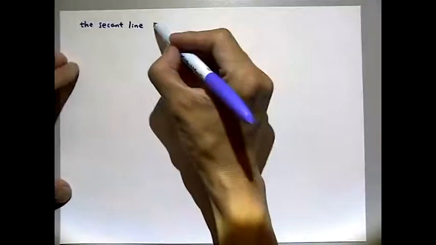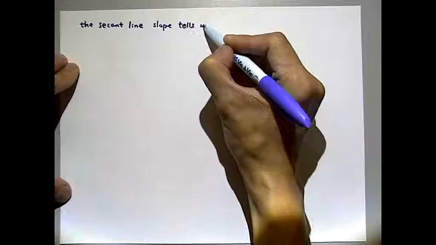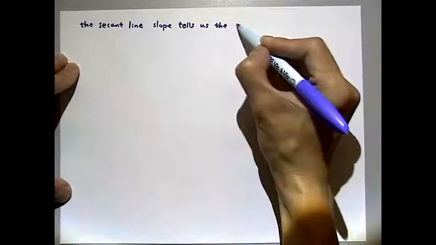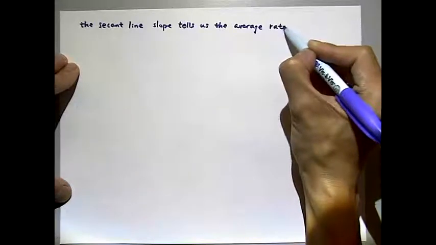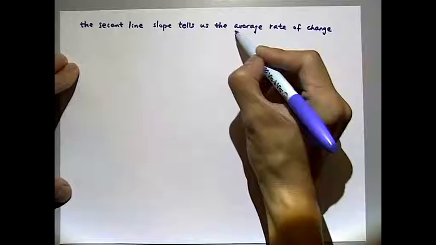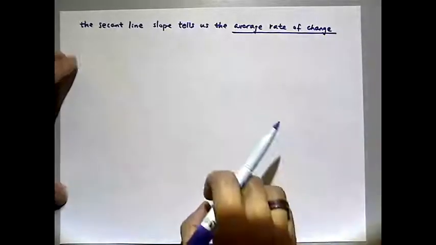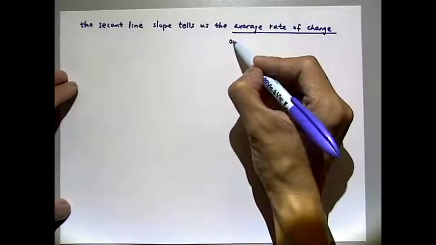And in general, whatever we're measuring, the secant line slope tells us the average rate of change. Velocity is a rate of change of displacement. So in a more general sense, the secant line slope will give us the average rate of change over some interval.